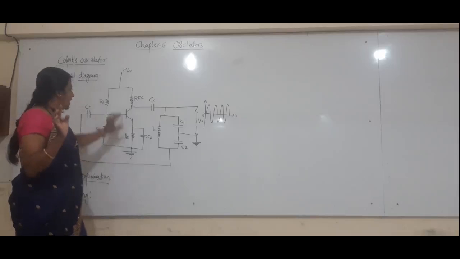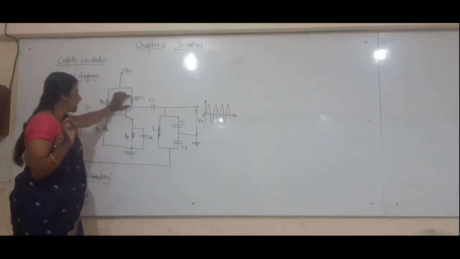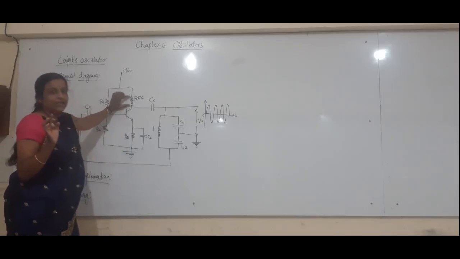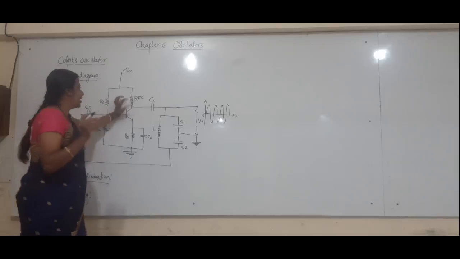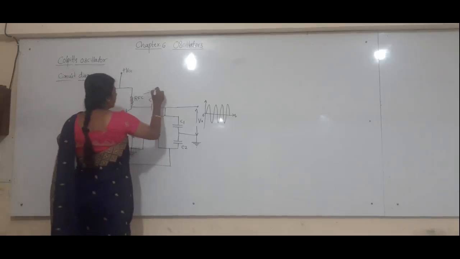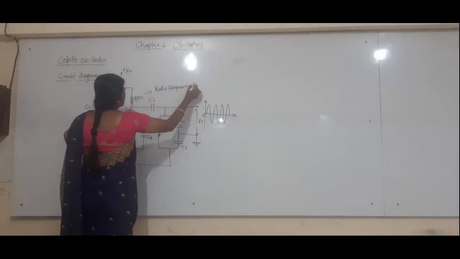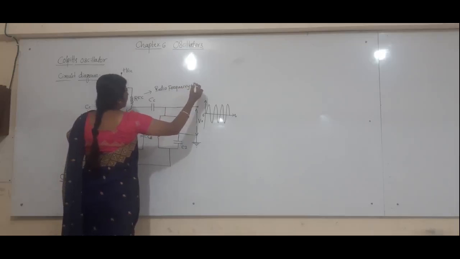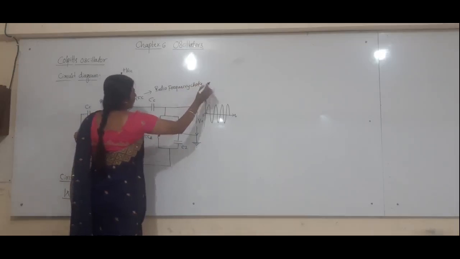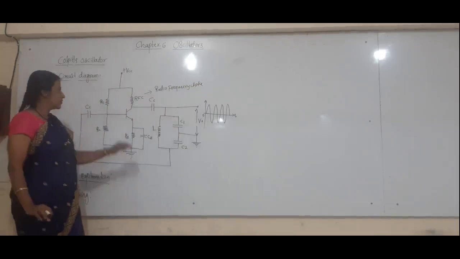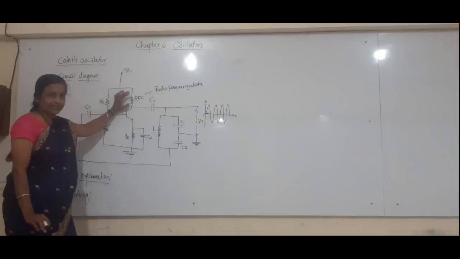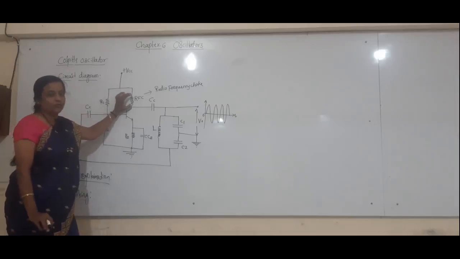Along with that, in this circuit there is a choke. This choke is nothing but an inductor coil of radio frequency, called a radio frequency choke. Its function is to block the AC component and to allow DC to flow through it. It acts like a short for DC supply and like an open for AC.